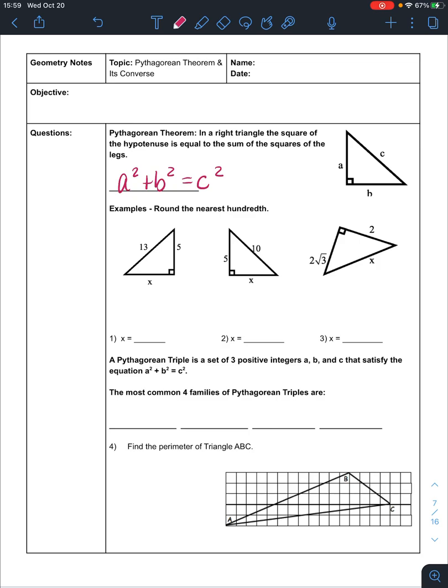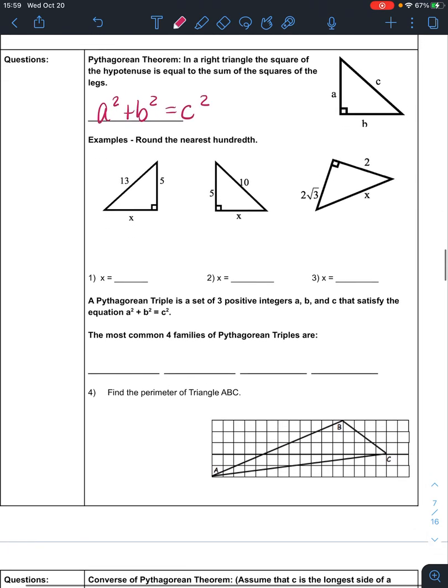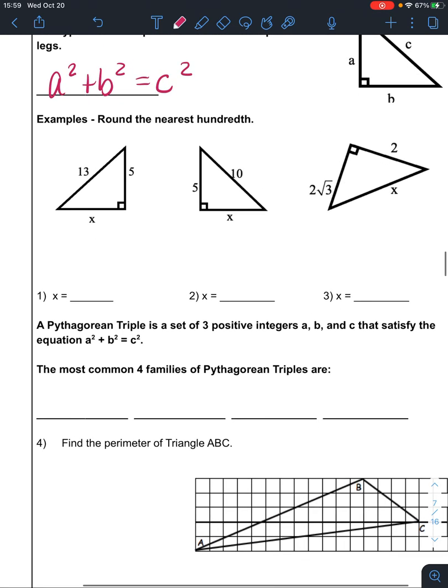So let's look at these and get some practice with Pythagorean theorem. So we have our hypotenuse is 13, so we would say x squared plus 5 squared is equal to 13 squared. Order of operations says that you should do your exponents before you do subtraction to get that x isolated. So we have 25 is equal to 169.